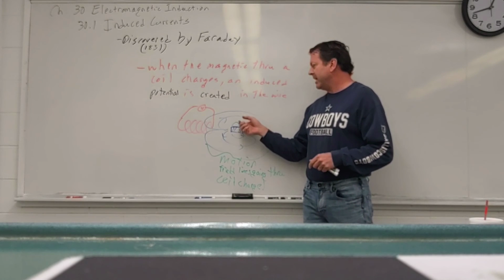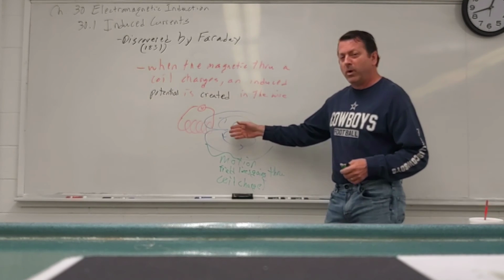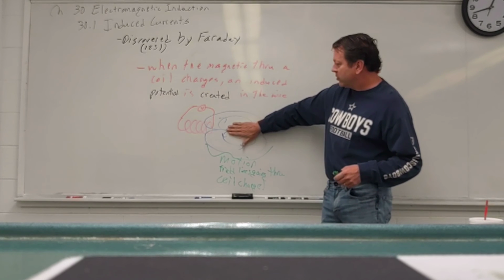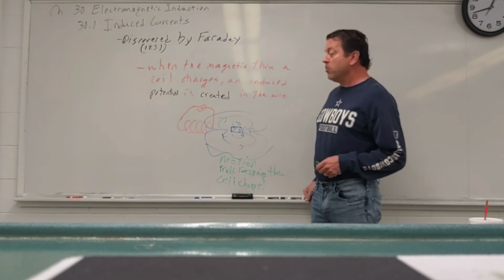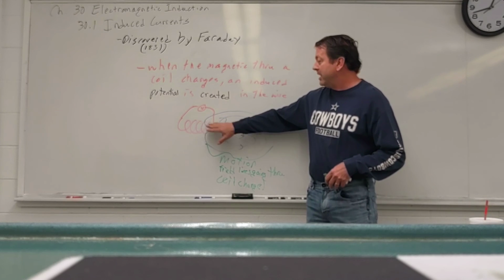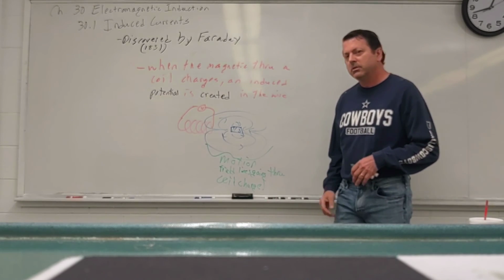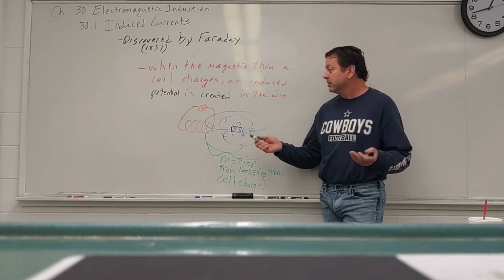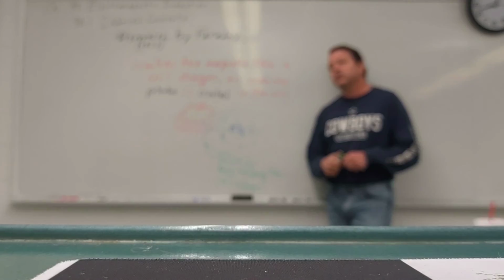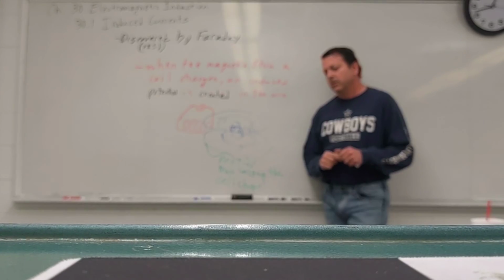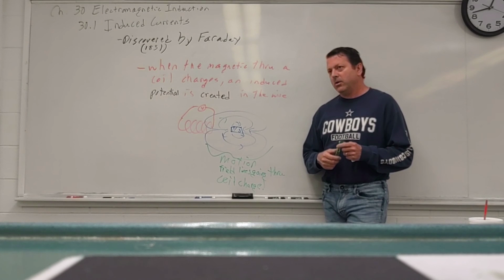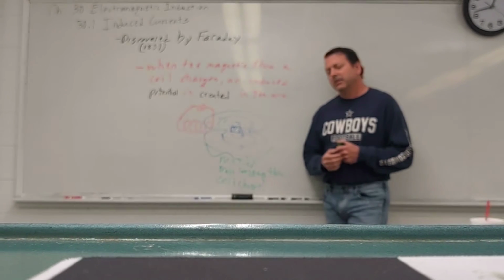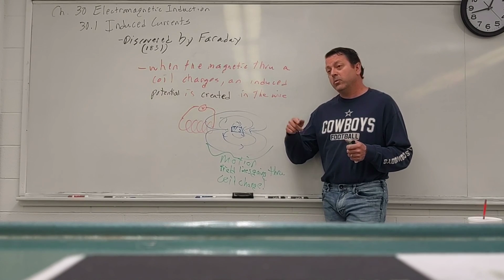If I replace this with a coil of wire, this field now is gone. So the number of field lines that cut through there would change. And if the number changes, you induce a potential which causes a current. That's how you hear that little static on a radio when you flip the lights on.